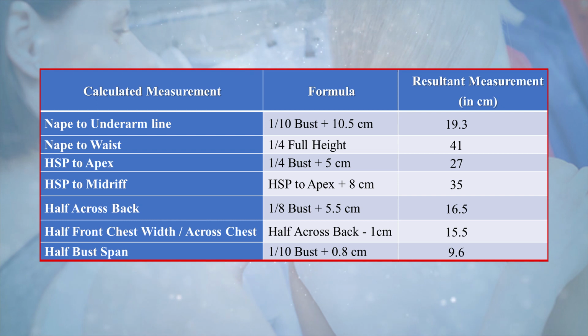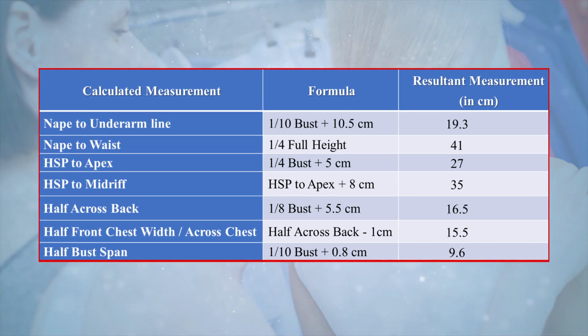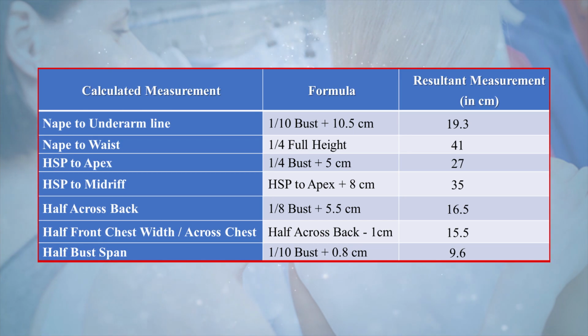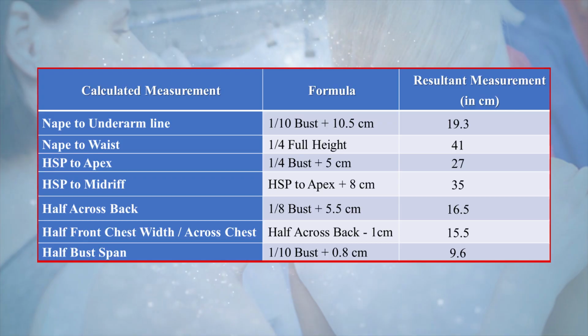We calculate the high shoulder point to midriff, and in the same way half across back, half front chest width, and half of the bust span. So by using a set, standard formula, we calculate the resultant measurements which we will use while creating a pattern.